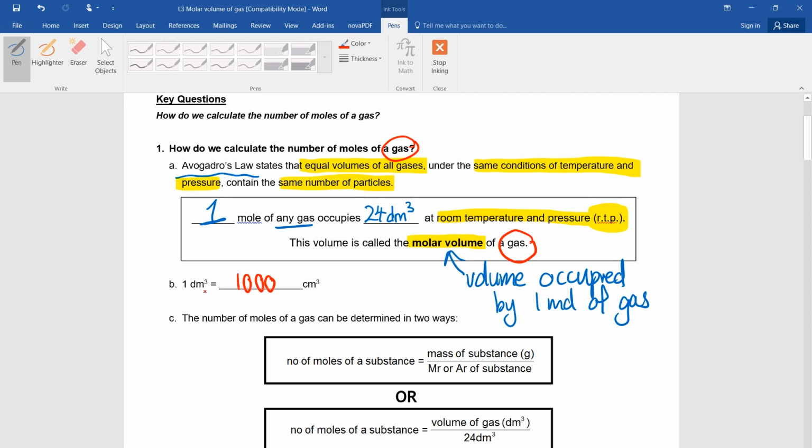Now, we always use dm cube in chemistry as a unit of measurement for volumes, be it gases or solutions. Sometimes you see cm cube, which means that you need to be able to convert it back to dm cube. How does that happen? Every 1 dm cube is equivalent to 0.001 m cube.